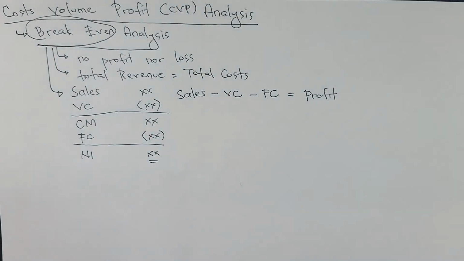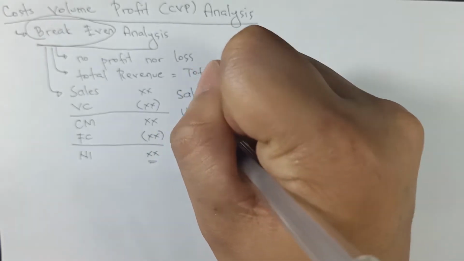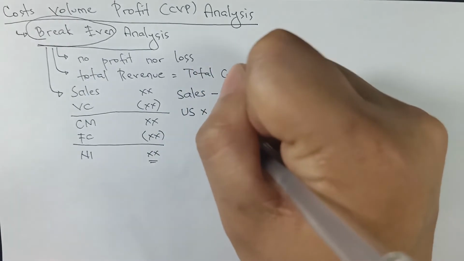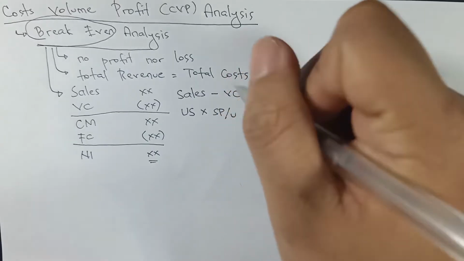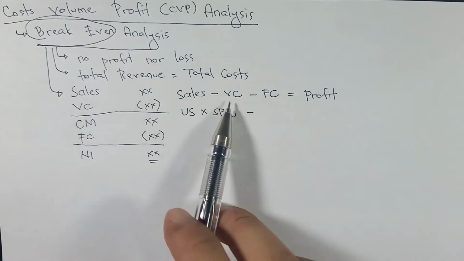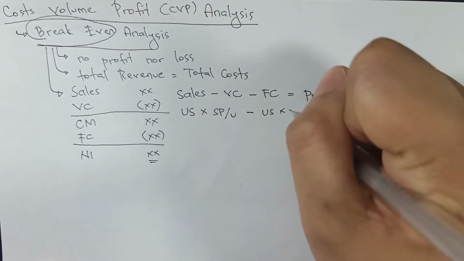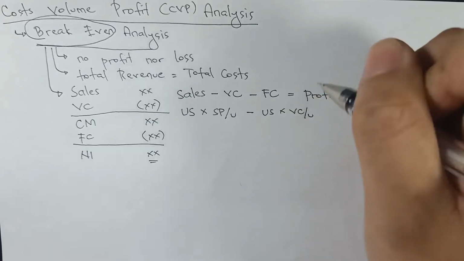Hatiin natin tong sales. May computation yan eh. Ano nga bang computation ng sales? That is the units sold times the selling price, of course, per unit. And then, i-break down din natin si variable cost into the units sold times the variable cost per unit.